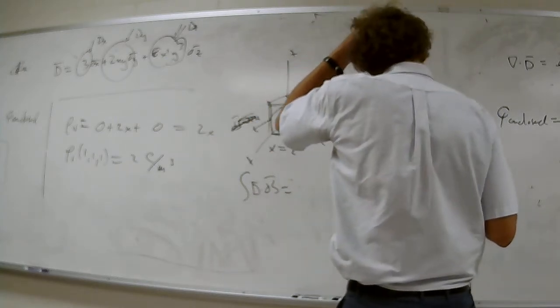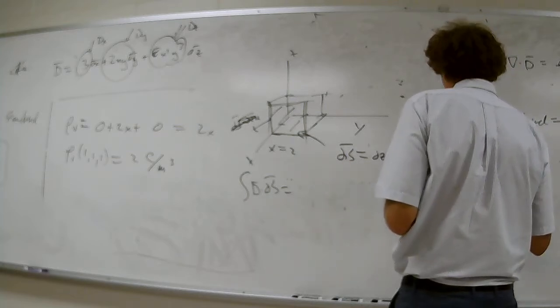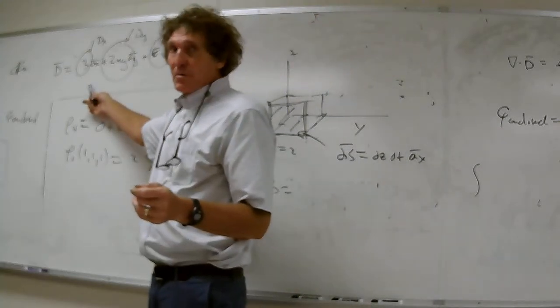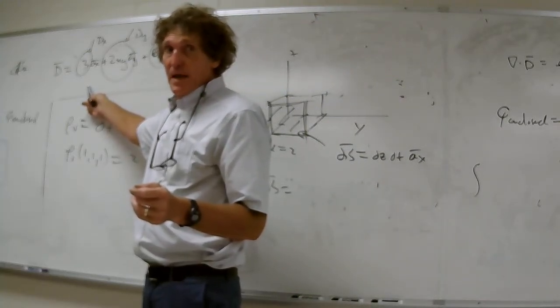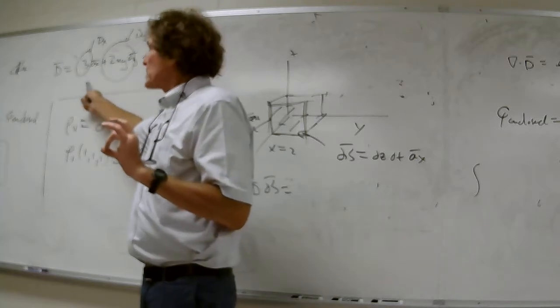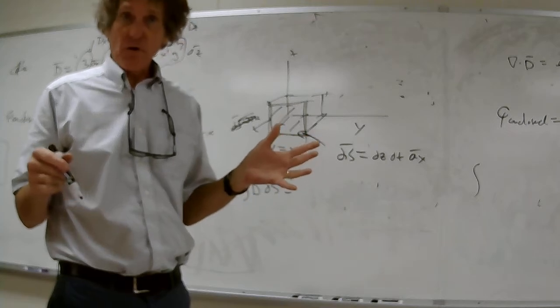So if we just start doing this, this would be the first part of the integration. You'll notice it's ax, so you only worry about the ax component here, because you're going to dot them, right? When you take dS dot D, only the ax component gives you a non-zero dot product. Y'all follow me in this class?